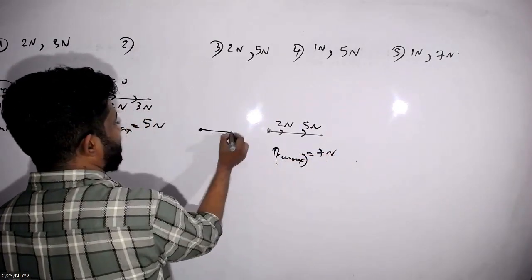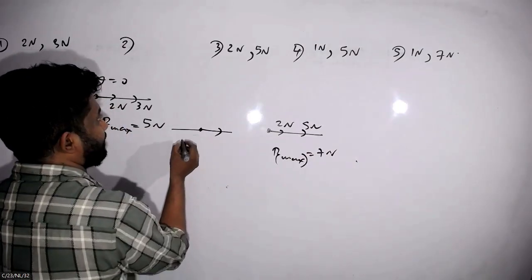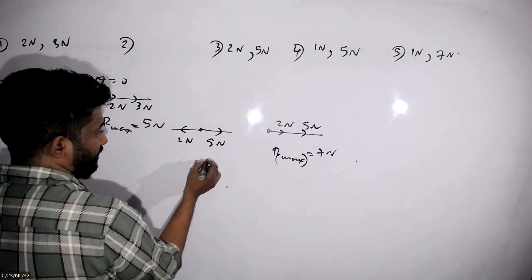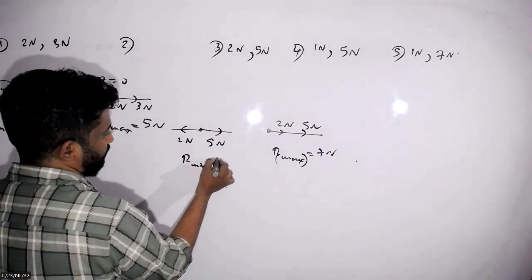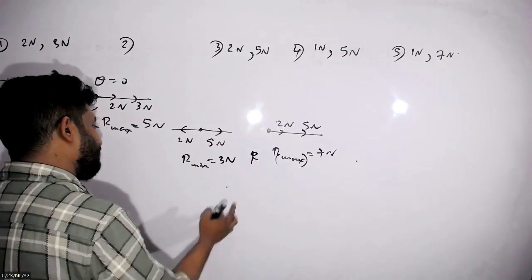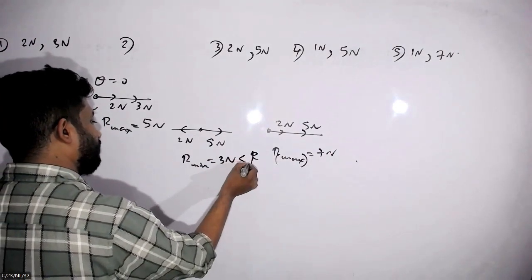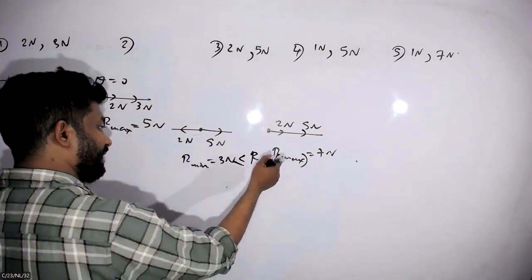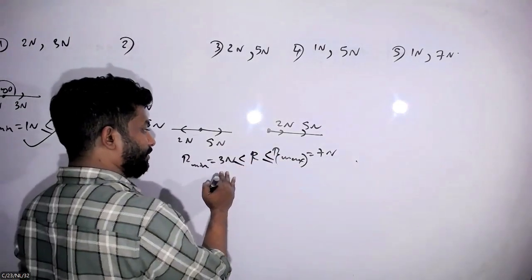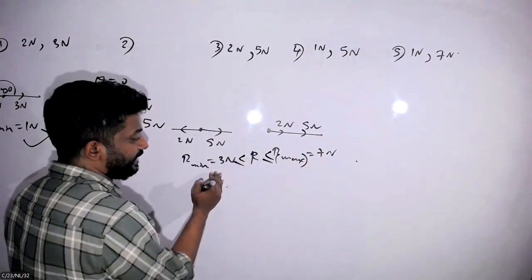They produce minimum resultant when they are acting in opposite directions. Then the answer is R minimum 3 Newton. Therefore, you can say the resultant of these two vectors should be equal to or greater than 3 Newton, and less than or equal to 7 Newton. Then you can see, 4 Newton can exist between 7 and 3, no?